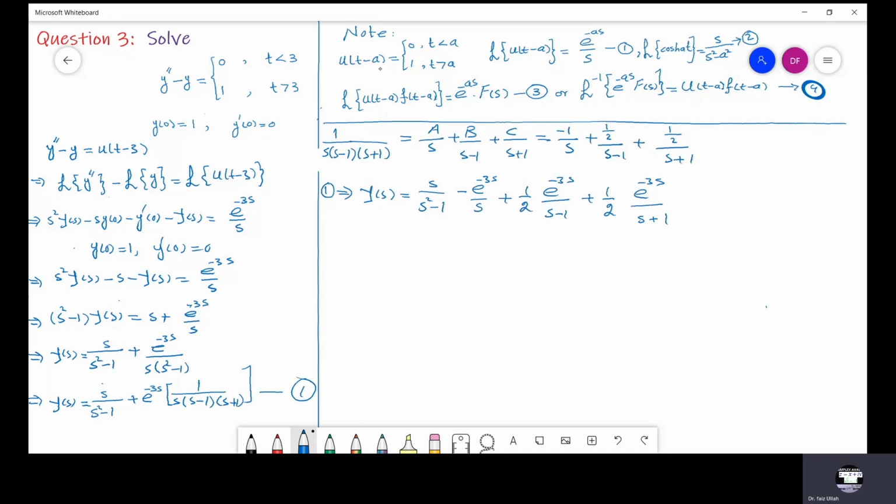And now the last step is to take inverse Laplace transform of each term.